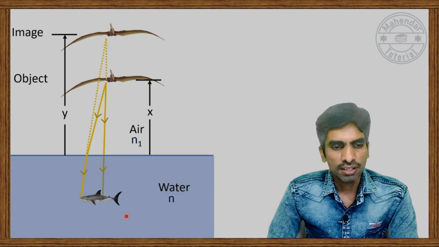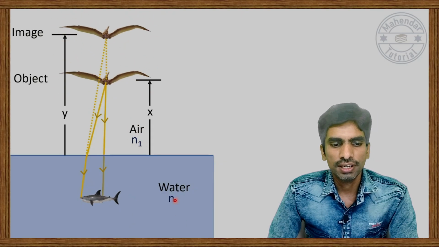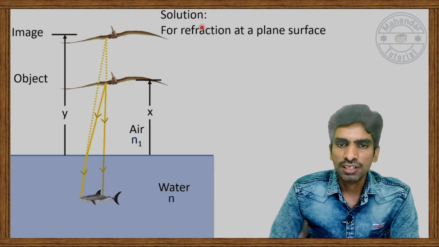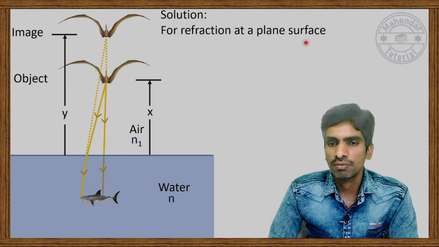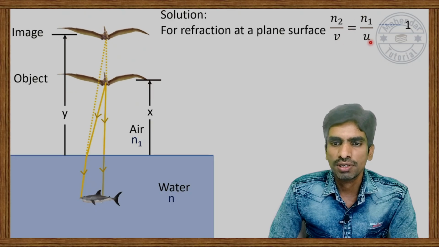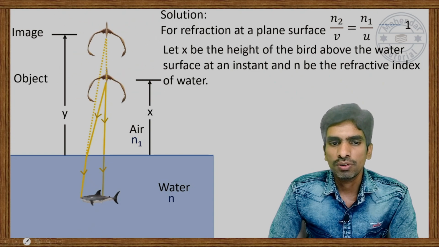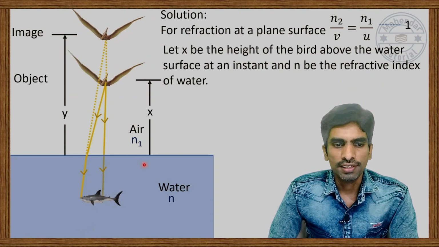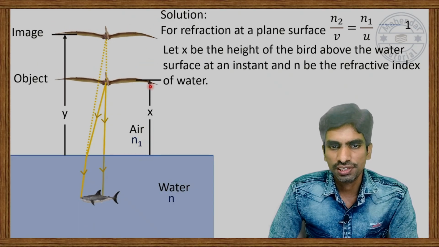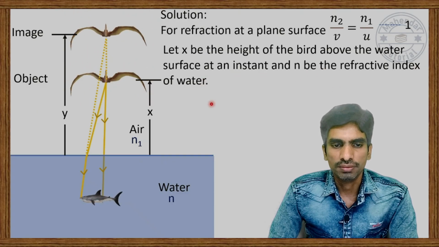Here N1 is the refractive index of air and n is the refractive index of water. Solution. For the refraction at a plane surface, we have one formula: N2 by v is equal to N1 by u. It is equation number 1. Let x be the height of the bird above the water, from the surface of the water, and n be the refractive index of water.